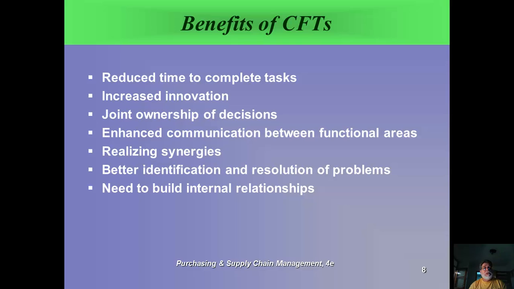Sometimes even 2 + 2 can end up being 3 if you have a dysfunctional relationship within your organization and with your supplier. But anyway, you identify problems and you resolve them much easier. And as part of this, and I've already mentioned, is that we need to build those internal relationships first.